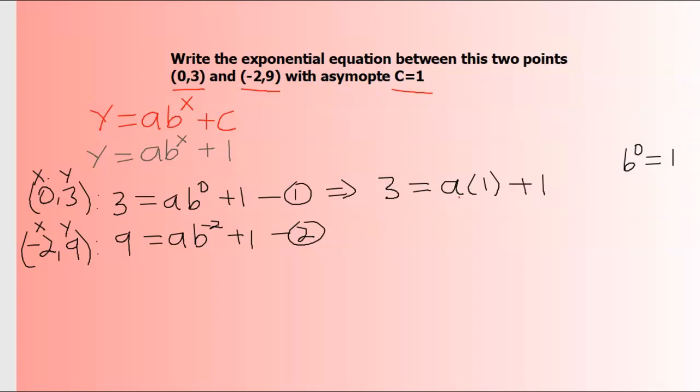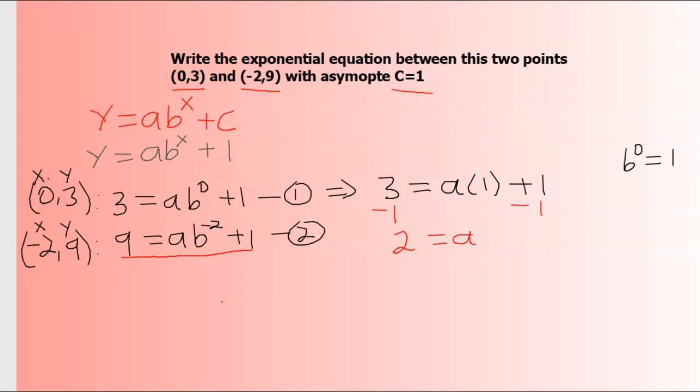Here we want to find our a. We subtract 1 on both sides, so we get 2 equals a. So we got our a to be 2. Now we have to solve for b from the second equation.